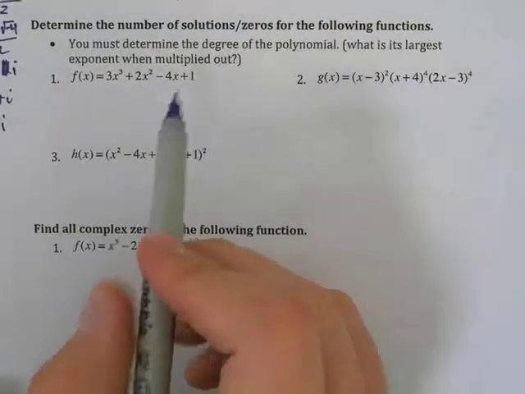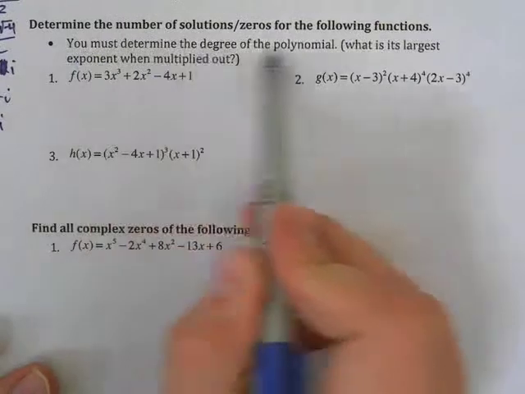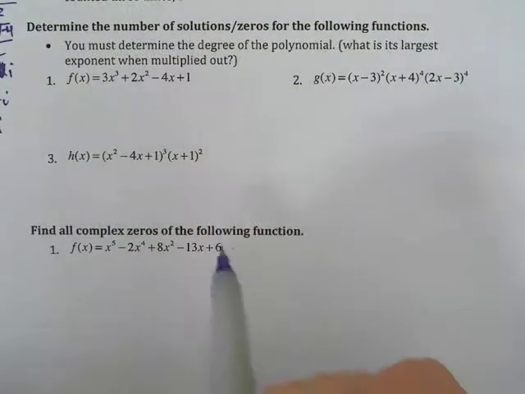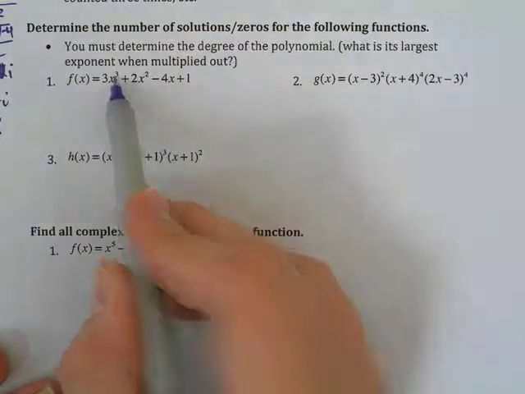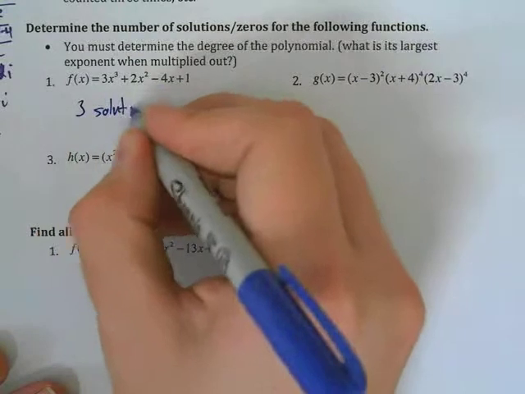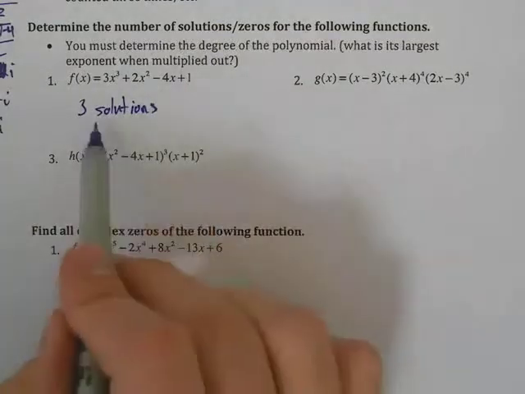So the goal is to find out what the degree is. Okay? You must determine the degree of the polynomial, or what is its largest exponent when it's multiplied out. So we look at this one. We look at the degree. The degree is 3. So that means there are going to be 3 solutions. Easy as pie. Okay? So let's move on to the next one. I'm not asking you to find the solutions, just know that there are 3 for that one.